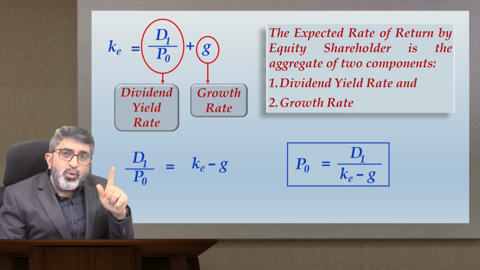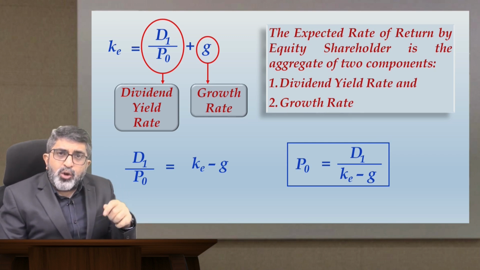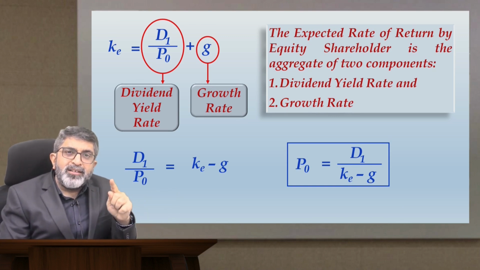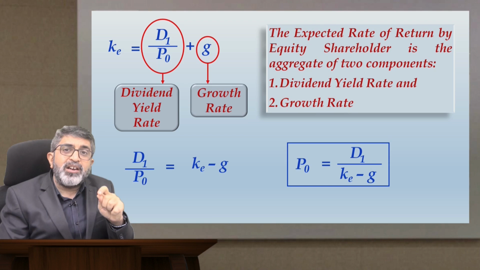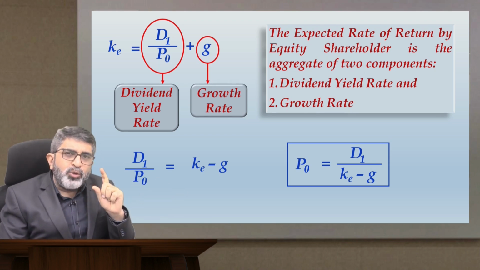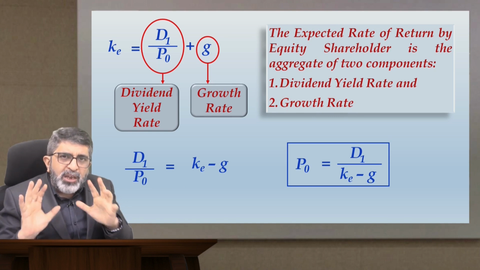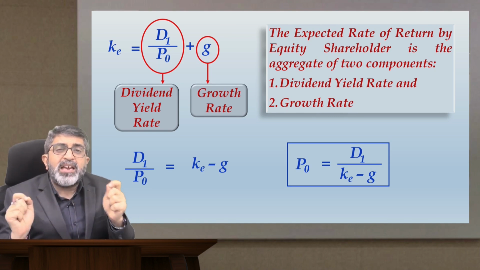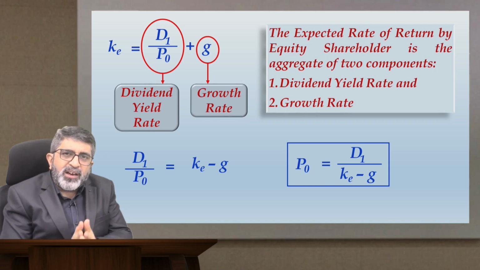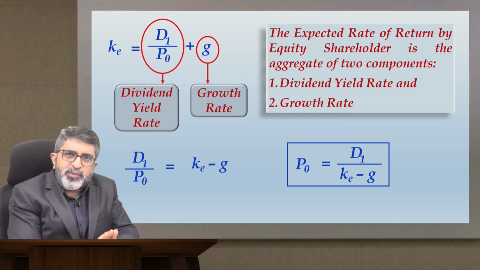Now, do you recollect one thing? Your holding period doesn't matter here, provided the growth rate is constant. If the growth rate is constant, only then can you apply this formula. Just to make sure that you do not have any confusion, I will keep the discussion restricted to certain concepts at a time.